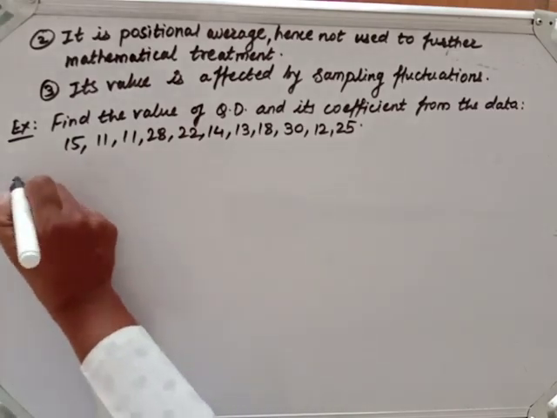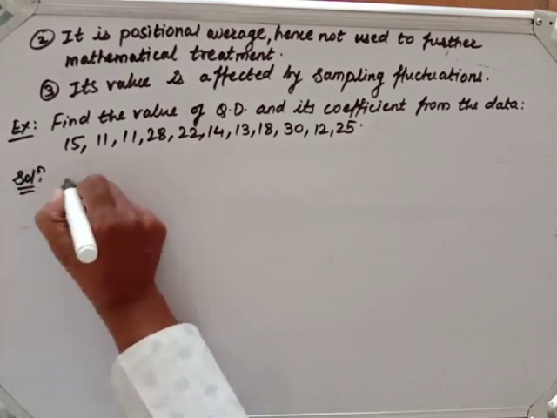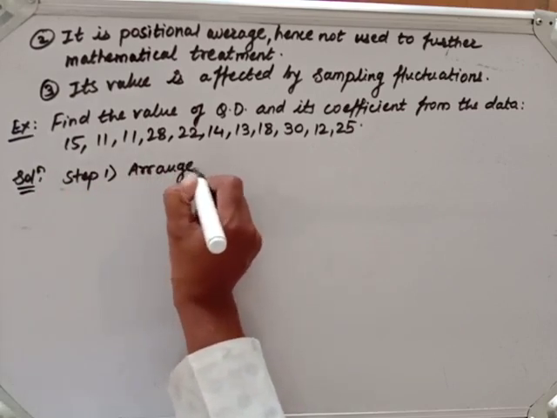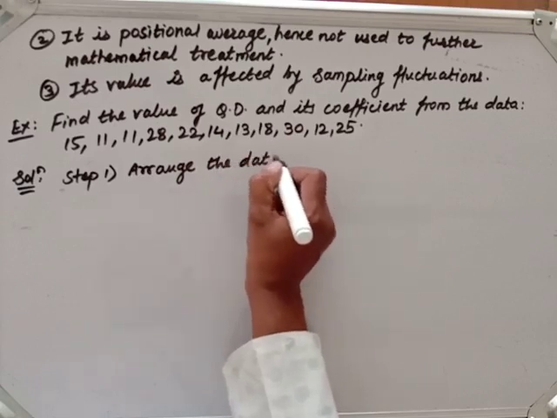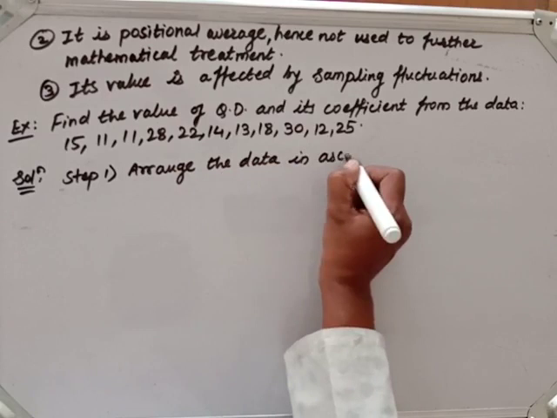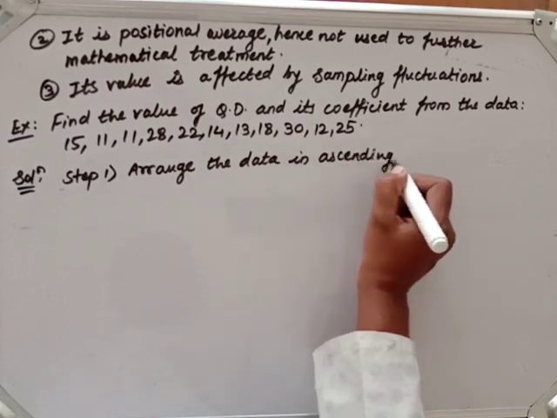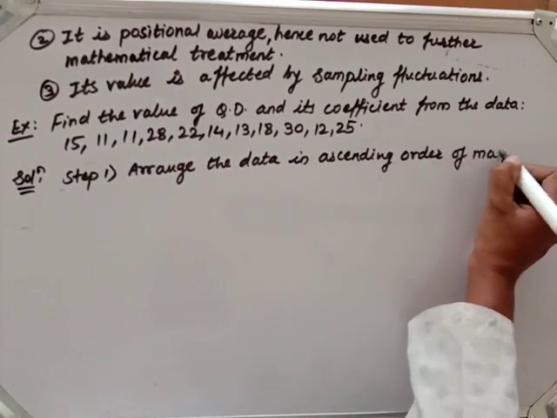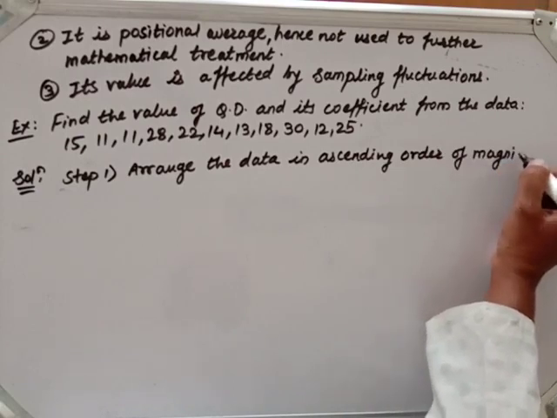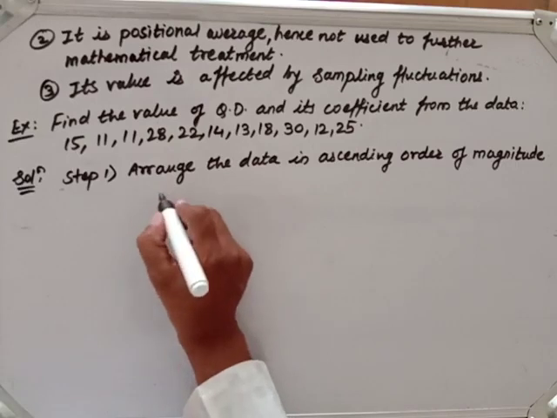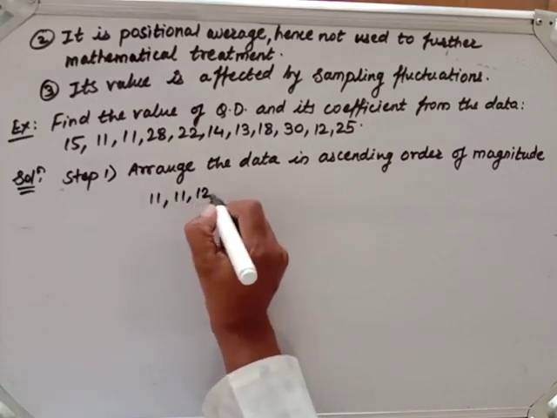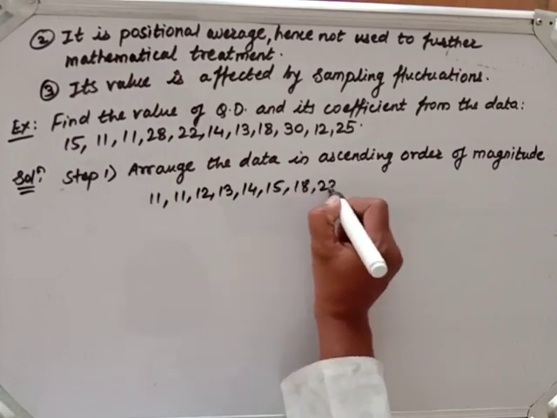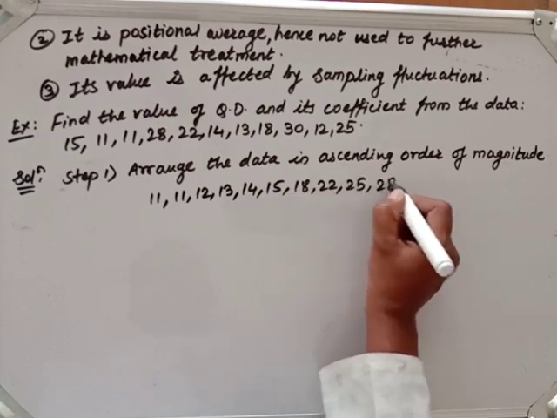So what is the solution here? Step 1 is to arrange the data in ascending order of magnitude. While arranging in ascending order, we get 11, 11, 12, 13, 14, 15, 18, 22, 25, 28 and 30.